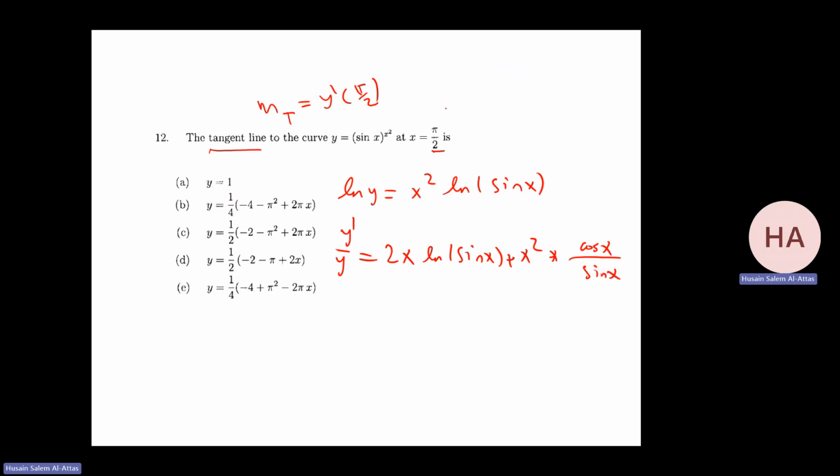Y at pi over 2 will be sine pi over 2, which is 1, to the power pi over 2 squared. 1 to the power anything is 1.